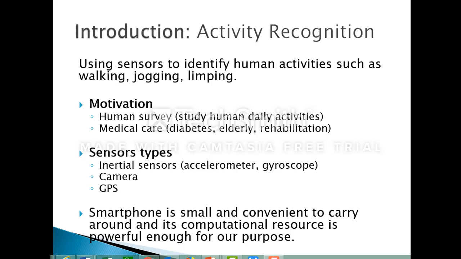So there are different sensors. Sensor types are here. We are using inertial sensors, or we can use a camera, one camera or both side cameras of the smartphone, and the GPS system.